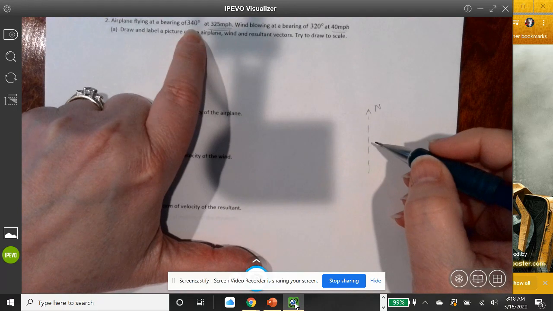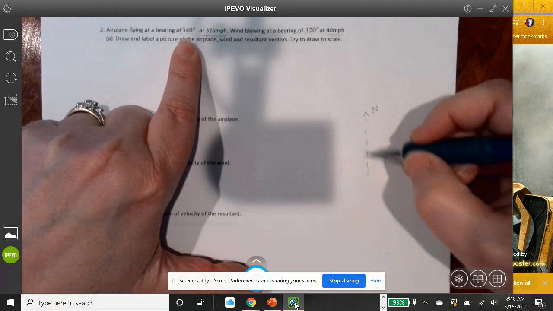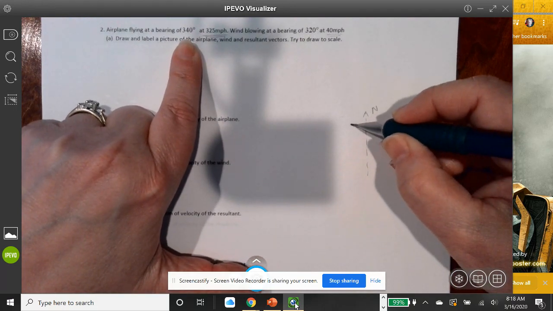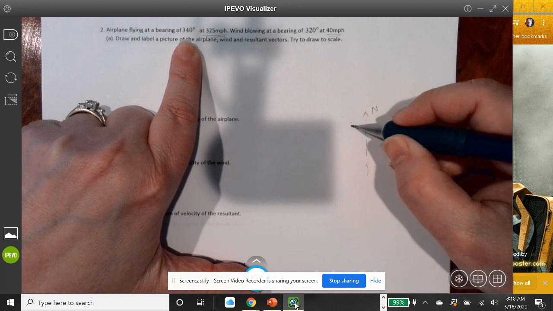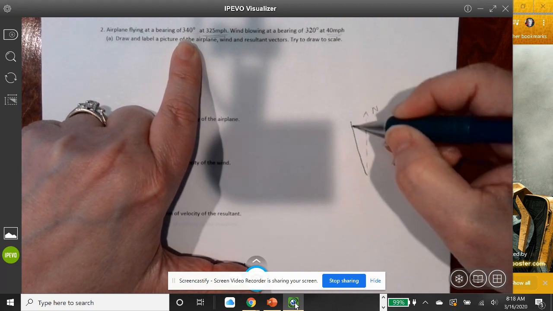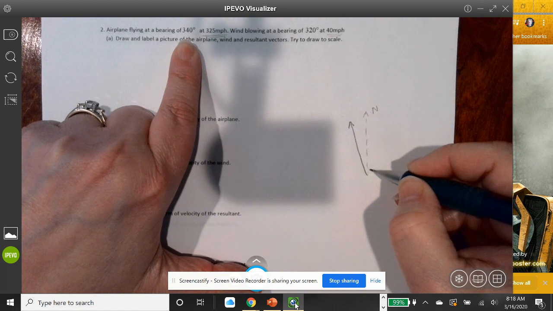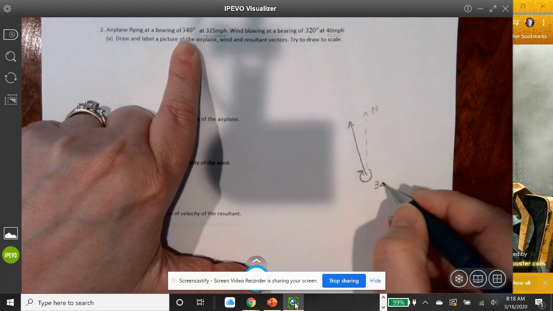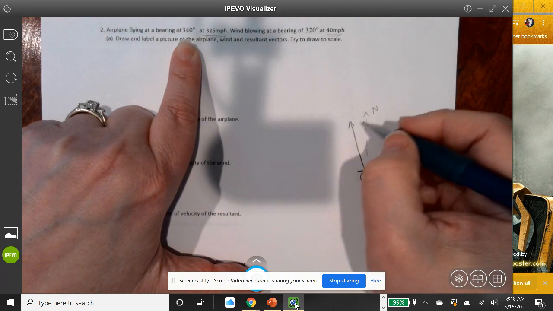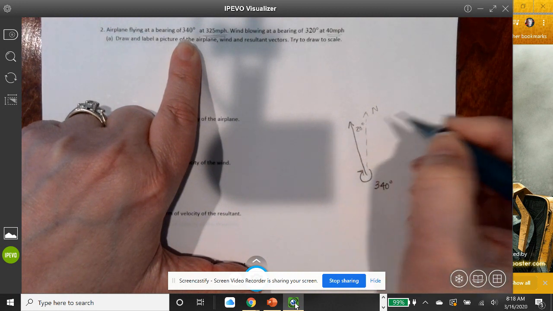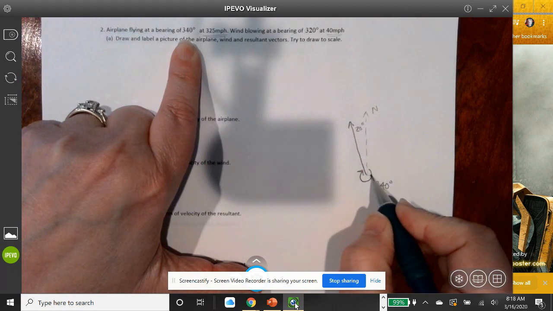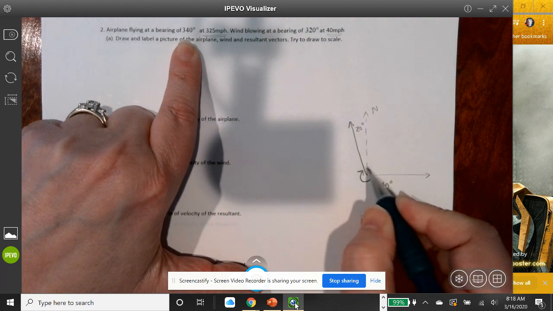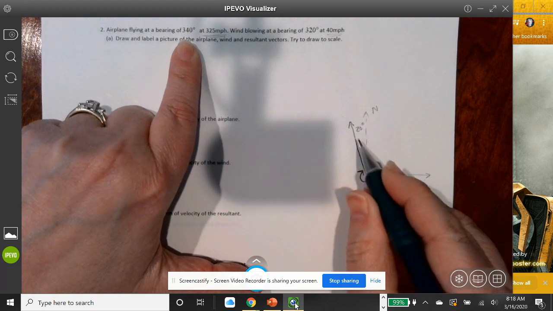And 340 is almost all the way around, except we're 20 short. So I'm going to say that this is my airplane vector from here. And so this measured angle is 340 degrees, which means this measured angle is 20. But the angle I need to find the component form of the airplane is not this angle or this angle.